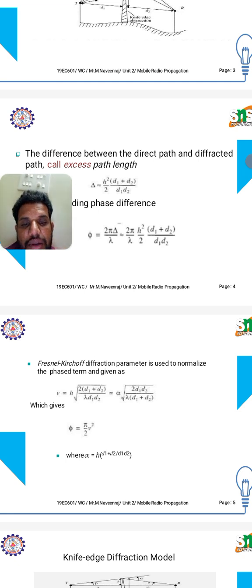That gives phi equal to pi by 2 v square, where alpha is equal to h into d1 plus d2 divided by d1 d2.